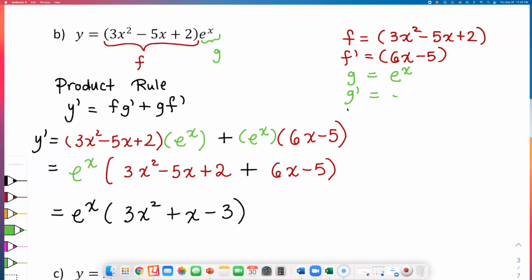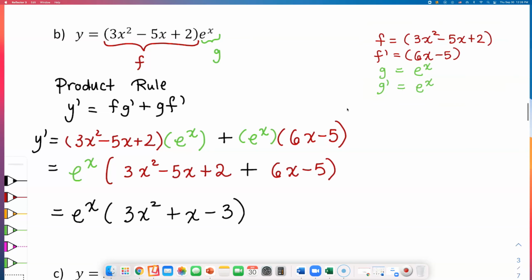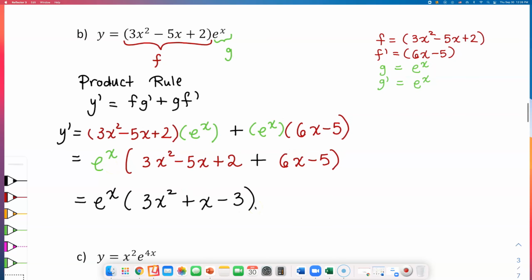And by theorem 5, the derivative of that is just e to the x. So using those four product rule pieces, we were able to find the derivative and simplify by factoring out e to the x and combining some like terms. I think this problem was really cute.